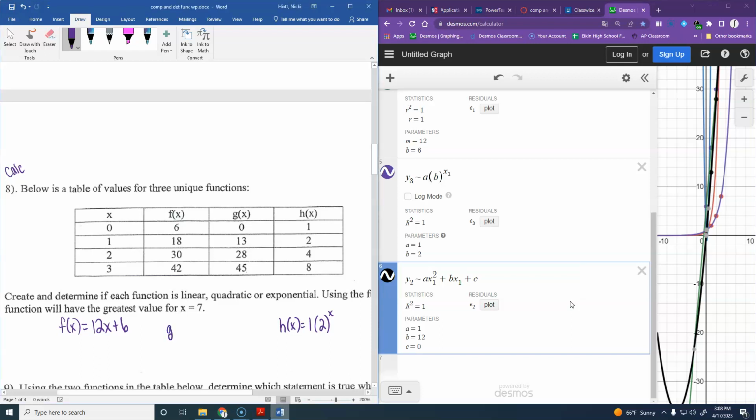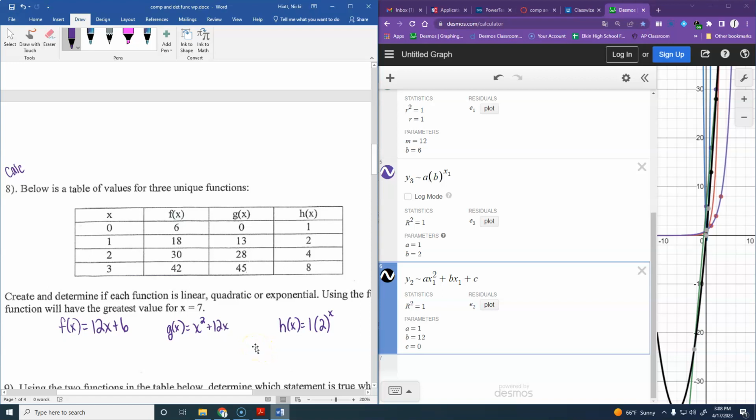So g of x would equal x squared plus 12x plus 0 if you want to put it on the end, but you don't have to do that. We didn't do these quadratic regressions in class, so that's kind of new. But ax squared plus bx plus c, that will really help you because otherwise you're going to have a hard time writing that equation right there.